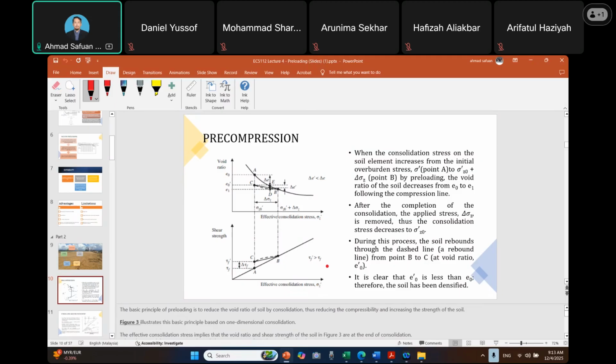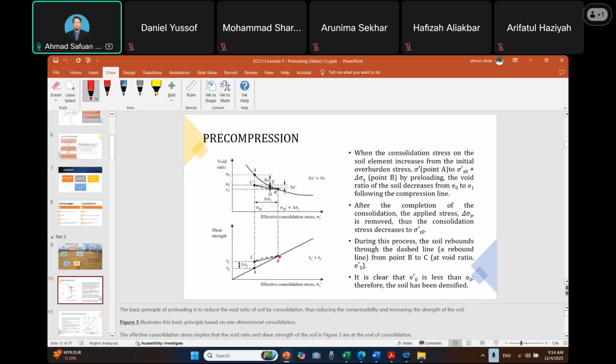Next graph shows that increasing the soil strength, similar to what I discussed before, goes from A. They increase the effective consolidation stress until it reaches B, then they remove what we call the surcharge, and it will rebound to C. What we can learn here is that from A to B is the process of consolidation by preloading.